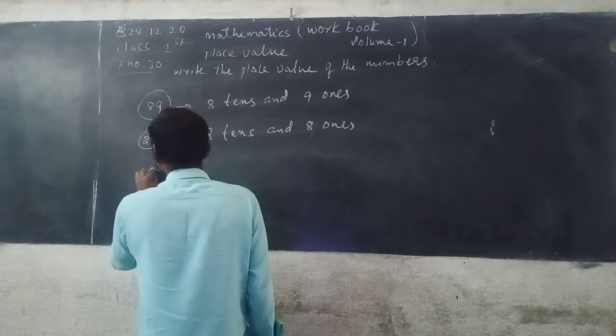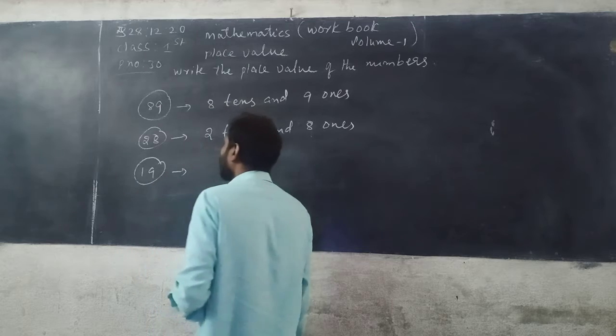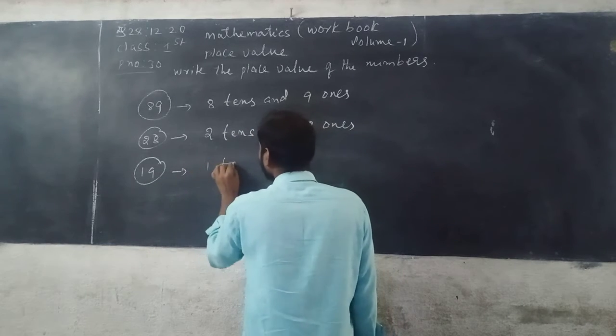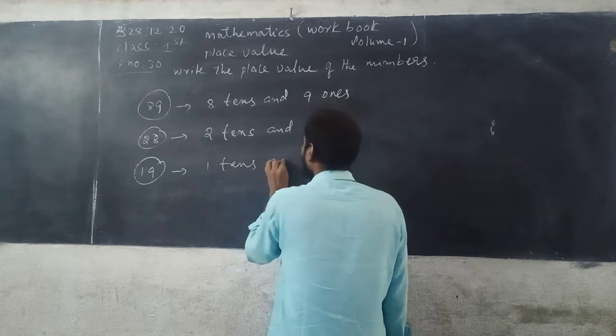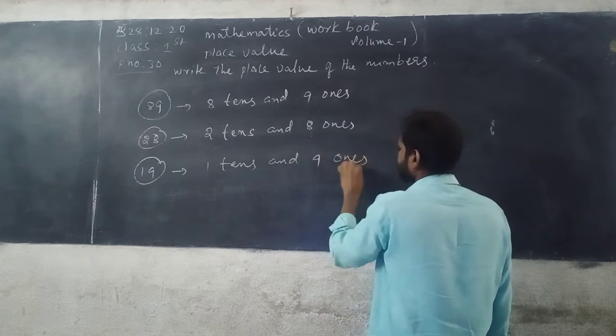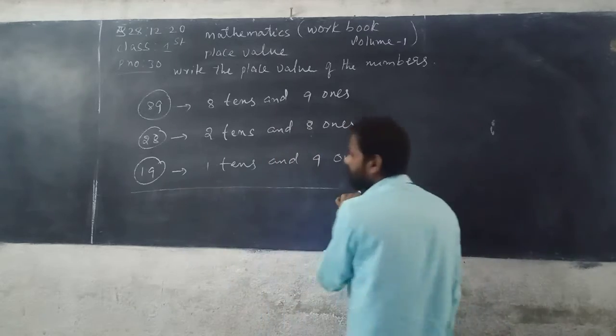Next 19. So 9 is in ones place, 1 is in tens place. 1 tens and 9 ones. Write down everybody.